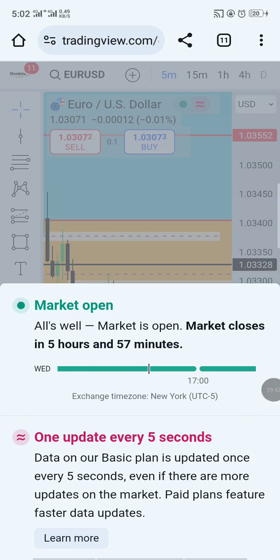So this is TradingView. The time I'm using is New York time. You can see what they put up there. Time zone New York. Then they say one update every 5 seconds. Data on our basic plan is updated once every 5 seconds, even if there are more updates on the market; paid plans feature faster data updates.